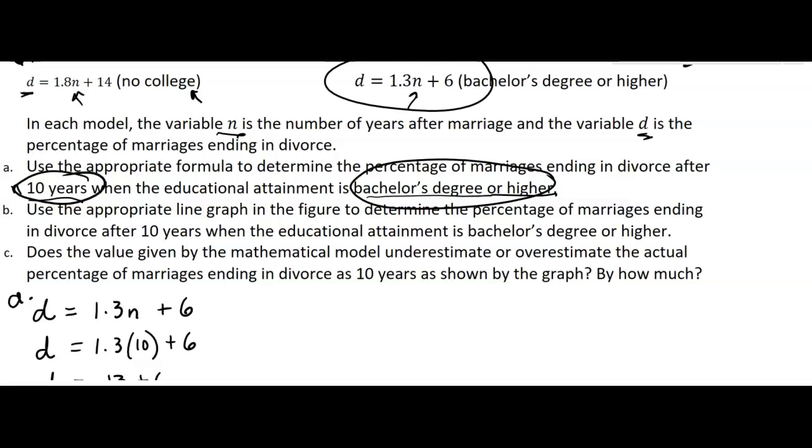Okay, so now we do part B. Use the appropriate line graph in the figure. So we have to go back to the picture and determine the percentage of marriages ending in divorce after 10 years. So this is going to be according to the graph that they gave us. And we're still doing bachelor's degree. So same situation. Here we have the model that we're using, and now we're going to be using the graph.